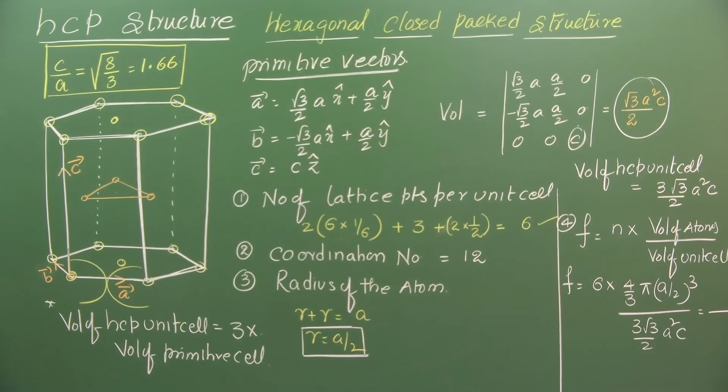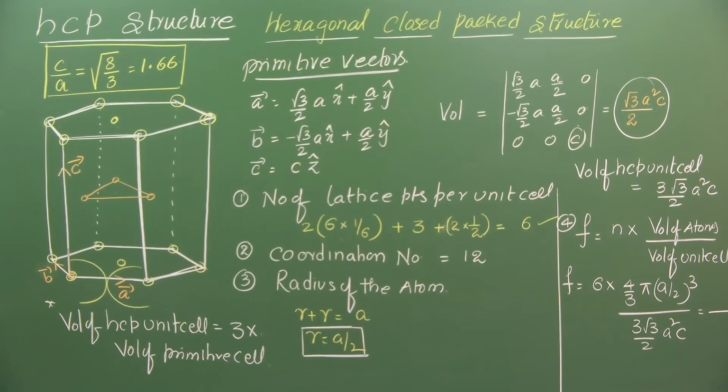In that packing fraction, you have to use the ratio of C by A. I have given the C by A ratio. What is the C by A ratio for HCP? Root 8 by 3. Tell me what you are getting for the packing fraction.